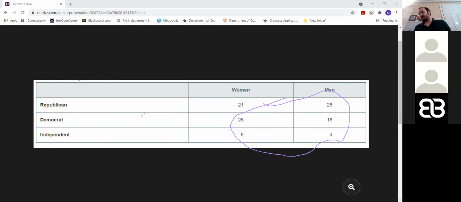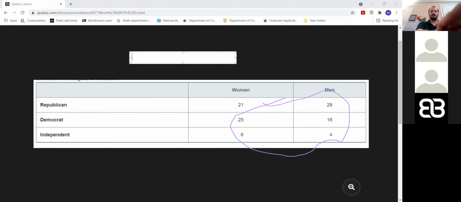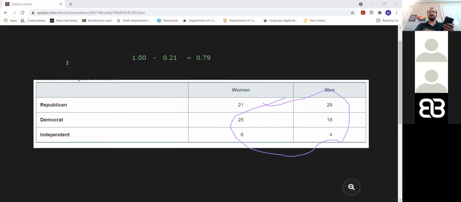I would take it away from the whole set, if that makes sense. And so what I'm saying is 100% is one probability. And if I want to meet a female Republican, it's going to be 0.21 probability. So if I subtract the 0.21 probability from guaranteed to meet someone, I think I should be getting the 0.69. Did I answer that? I'm probably the last one to answer.